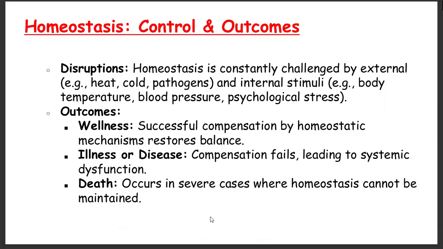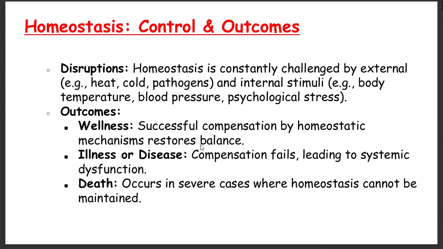You expect wellness. When there is wellness after a certain fluctuation in your physiological parameters or in your internal environment, this wellness indicates success, and therefore compensation by the homeostatic mechanism that was employed by the body to restore the balance in the internal environment.